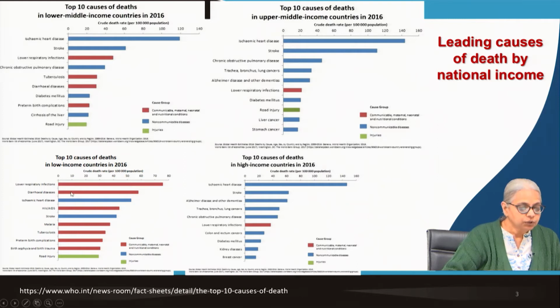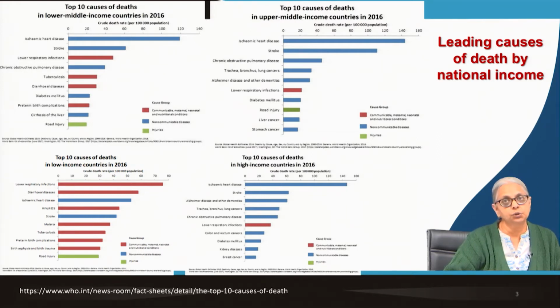So if you look at the numbers, I think that's 7 out of the 10 top causes of death in low income countries are related to communicable diseases, and most of them, like I said, are related to pathogenic microorganisms. As the income level of the country increases, what happens?